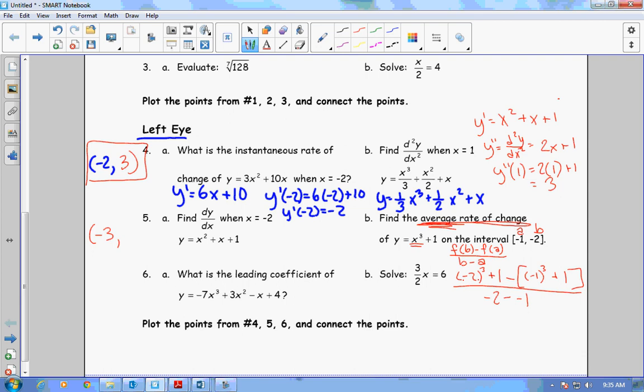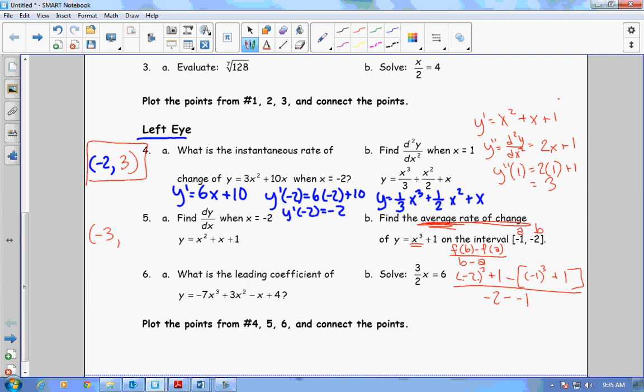When you think you know the answer to B, put your fingers up in the air. What is the answer to B? Yep, good.